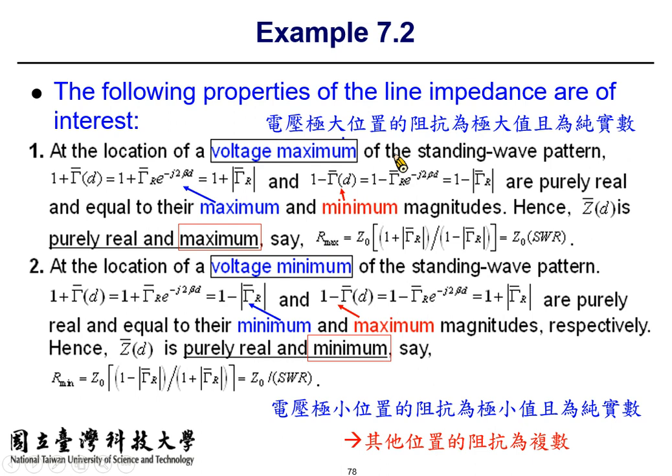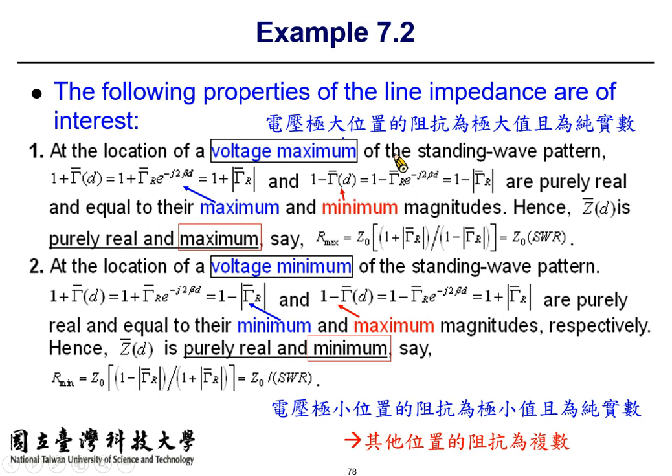In fact, this holds for any two positions that are placed oppositely on the constant SWR circle. For example, this is ZA and ZB. ZA, as you can see, is a complex number.